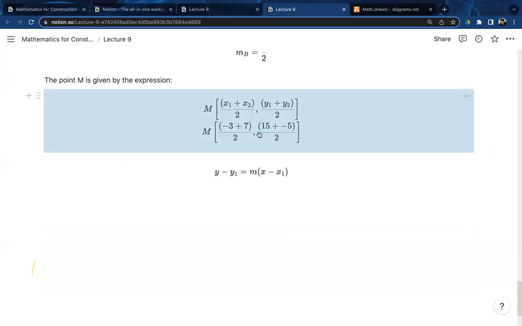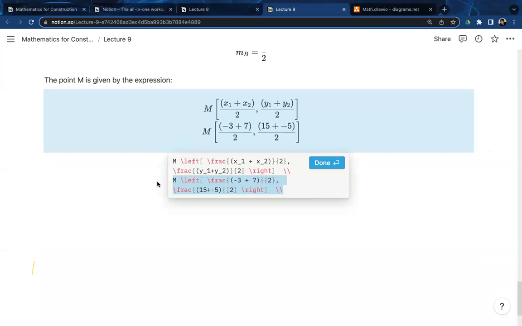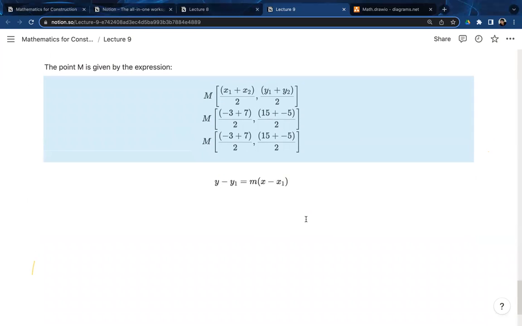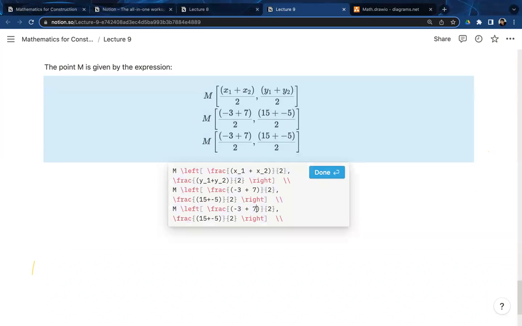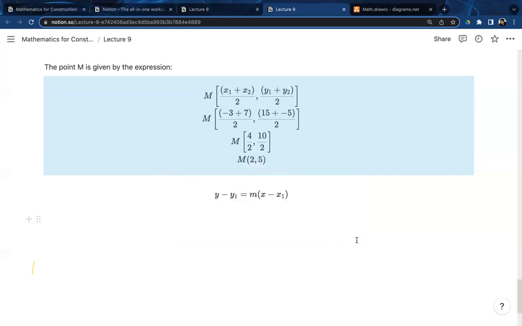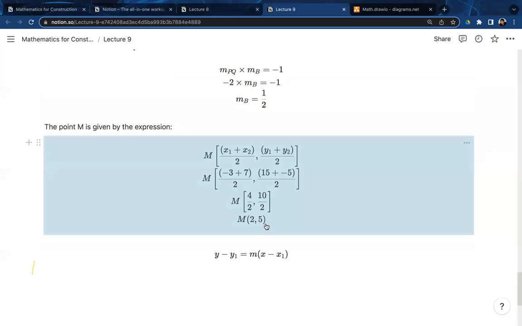Let me simplify this now. 7 minus 3 is 4, and 15 minus 5 is 10. So M is (2, 5).